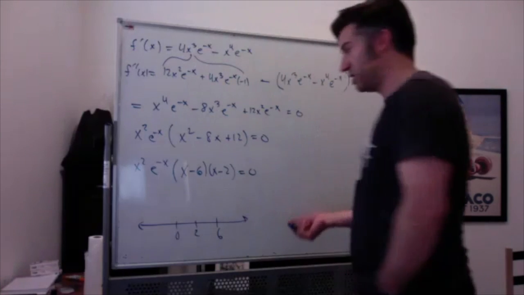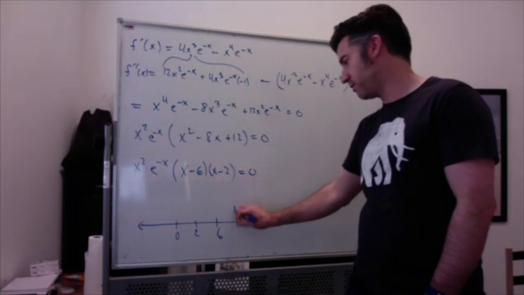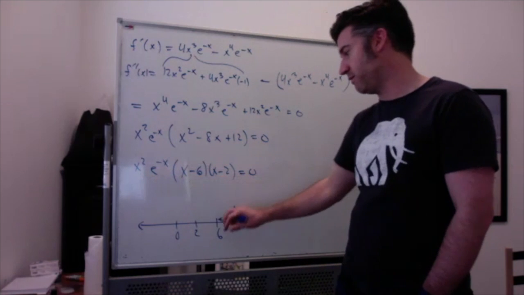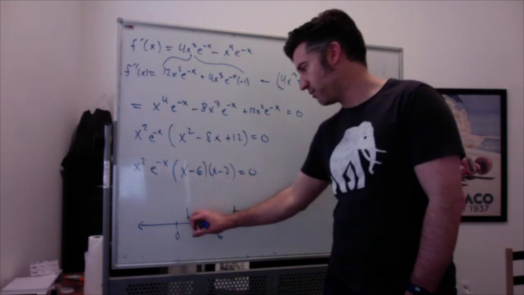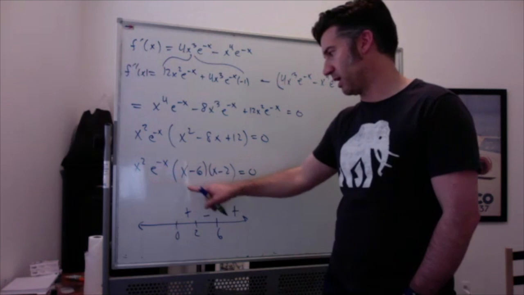Pick a number larger than 6, like 7: positive, positive, positive, positive. Pick a number like 5: positive, positive, negative, positive. Pick a number like 1: positive, positive, negative, negative. Pick a number like negative 1: positive, positive, negative, negative.